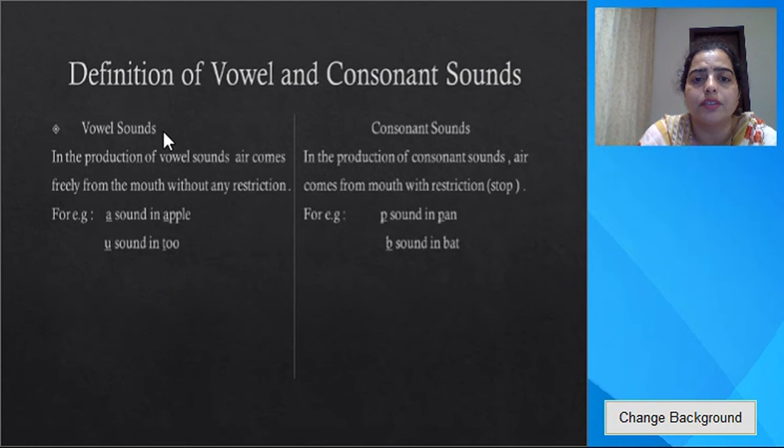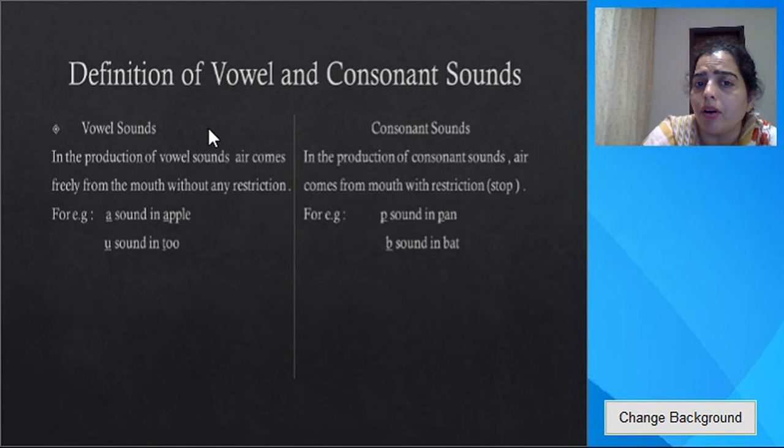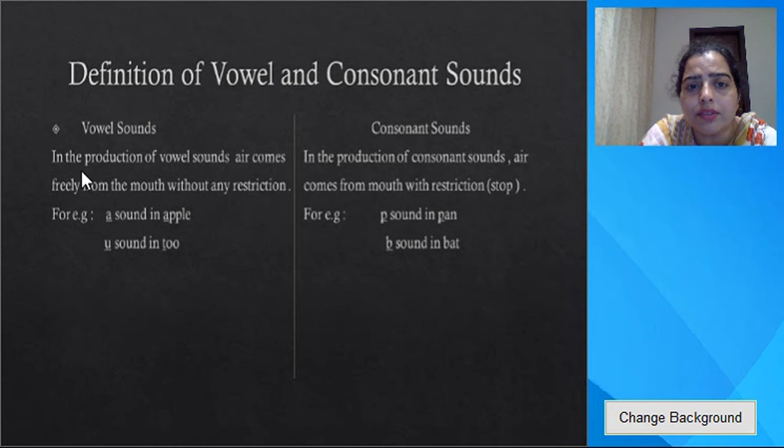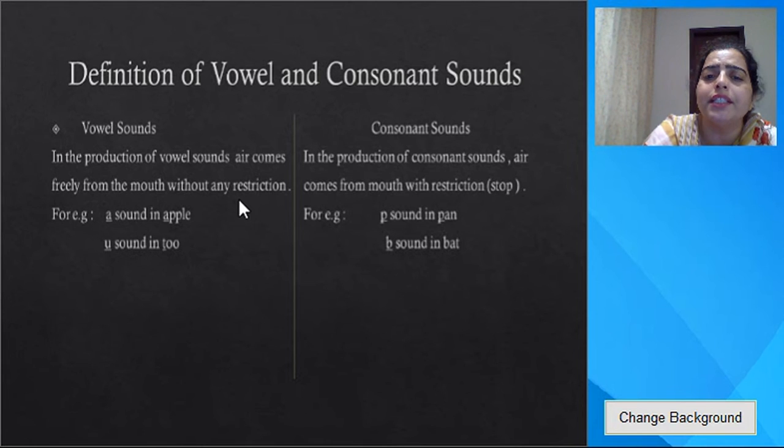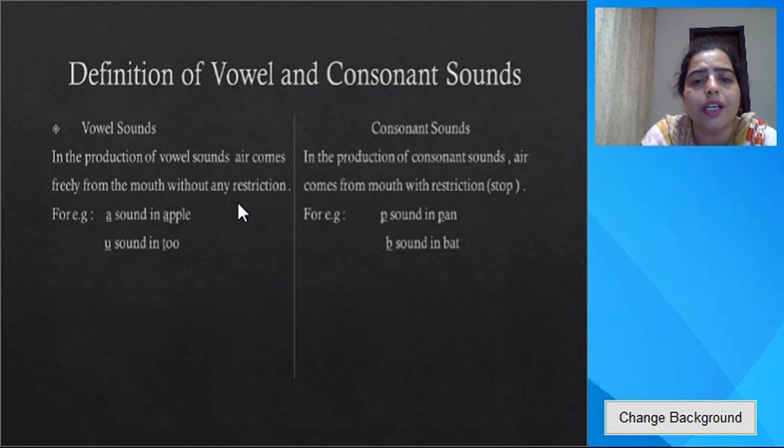Vowel sounds. Out of 44, which sounds will you consider in the category of vowel sounds? In the production of vowel sounds, air comes freely from the mouth without any restriction, without any hindrance, without any stoppage. Air comes directly from your vocal cords.